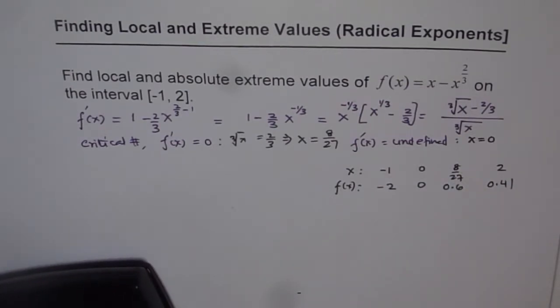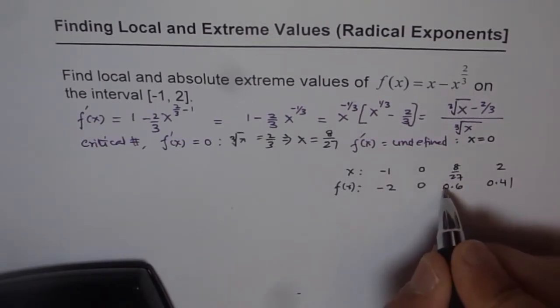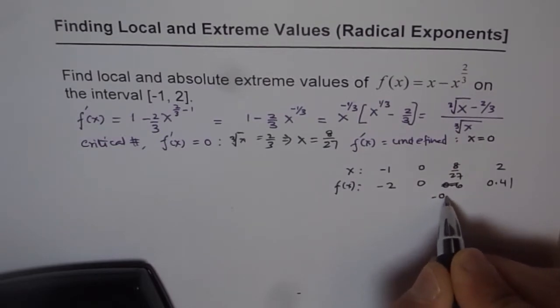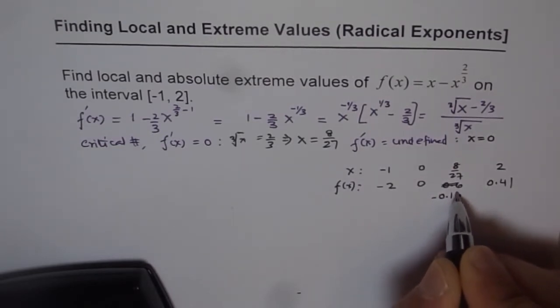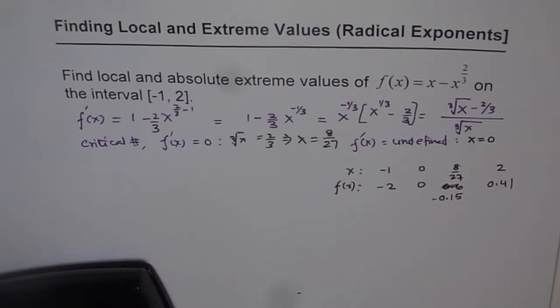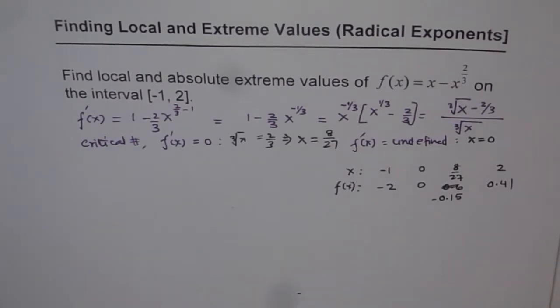So 8 divided by 27, then minus, within brackets, 8 divided by 27, bracket close, to the power of 2 divided by 3. We get a negative value, yeah, that is what I was expecting. So this is actually minus 0.148. So I'll write minus 0.15 approximately. So we get these values for our function.